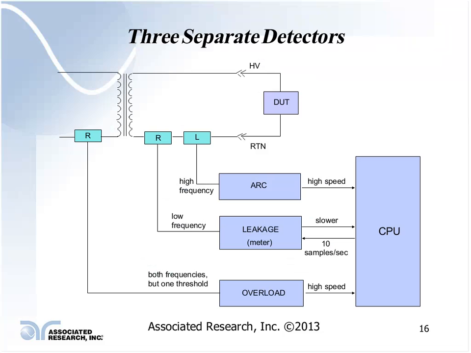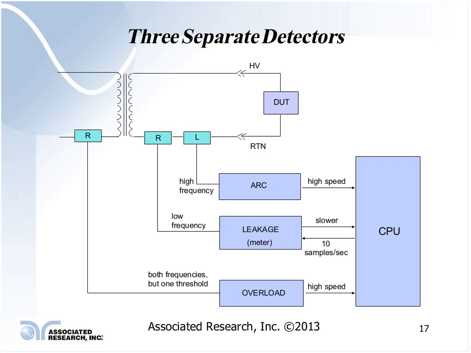So again, your testers today have multiple failure detectors, one for arc sensitivity, one for leakage, an overload. Why multiple failure detectors? Depending upon which one of these things go off, we can give you a lot more information about how your product is actually performing, what type of failure you're actually having.